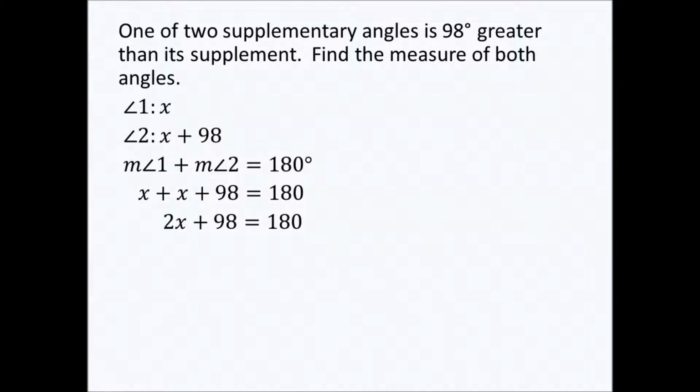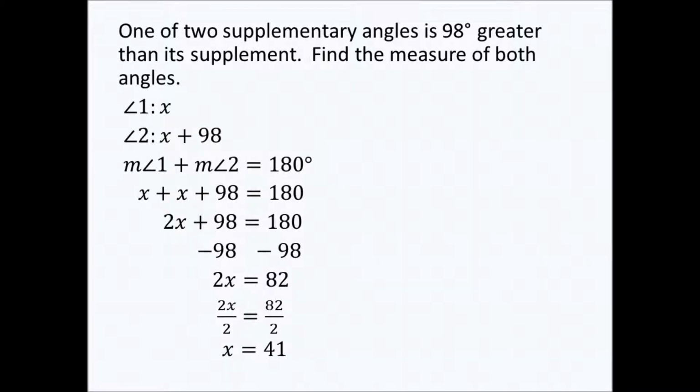The next step is to subtract 98 from both sides. 2x equals 82. The next step is to divide both sides by 2. 2x divided by 2 equals 82 divided by 2. x equals 41. The next step is to substitute. x equals 41. 41 plus 98 equals 139.